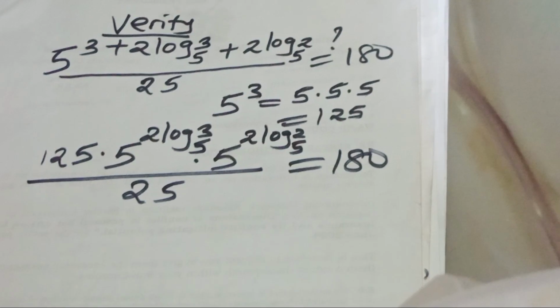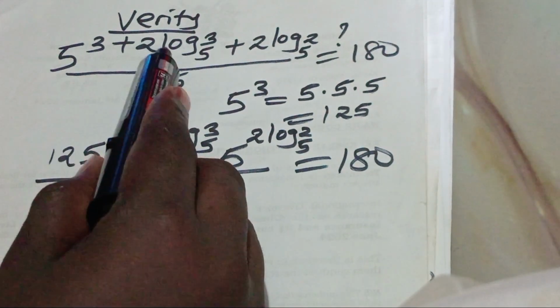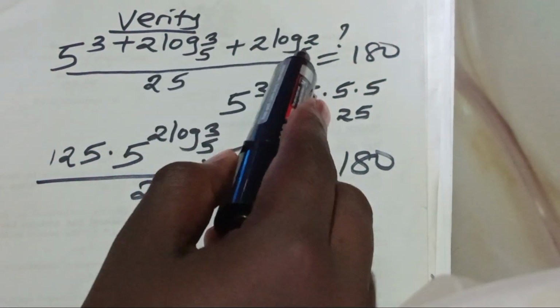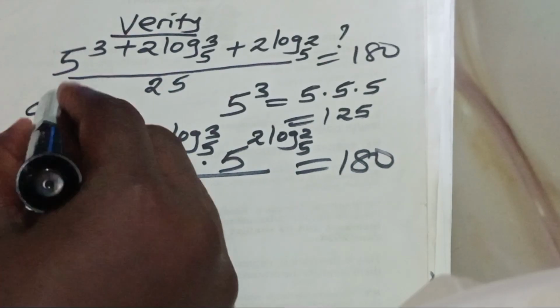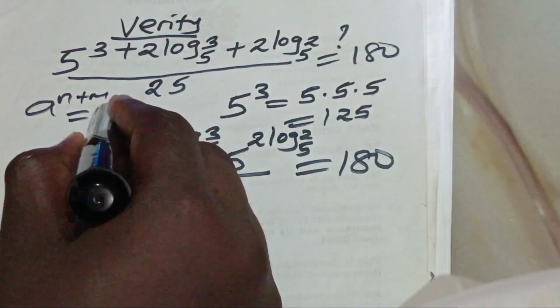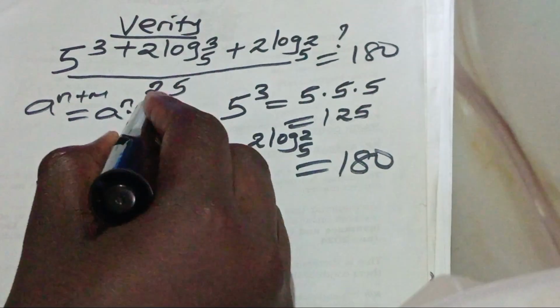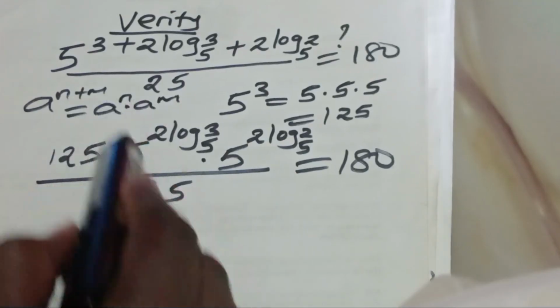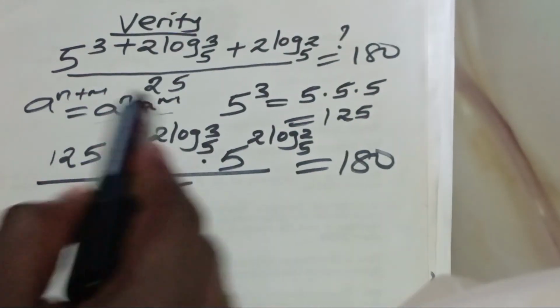Now we're saying that 5 to the power 3 plus 2 log 3 to base 5 plus 2 log 2 to base 5 is in the form of a to the power n plus m, which we can express as a to the power n multiplied by a to the power m. This is why we arrive at this, by using this indices identity.